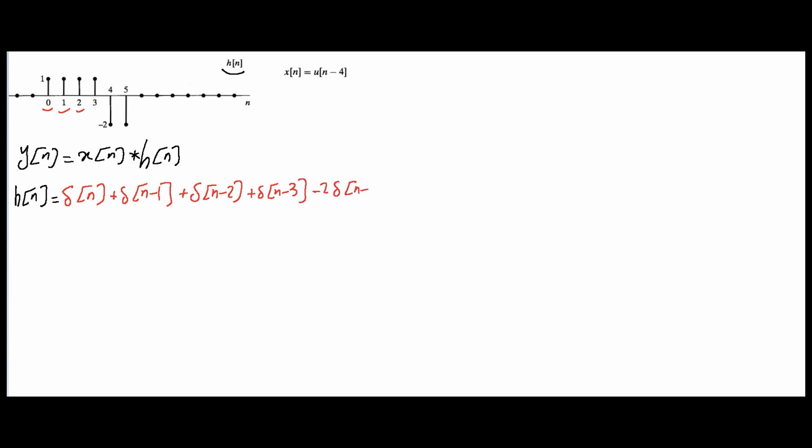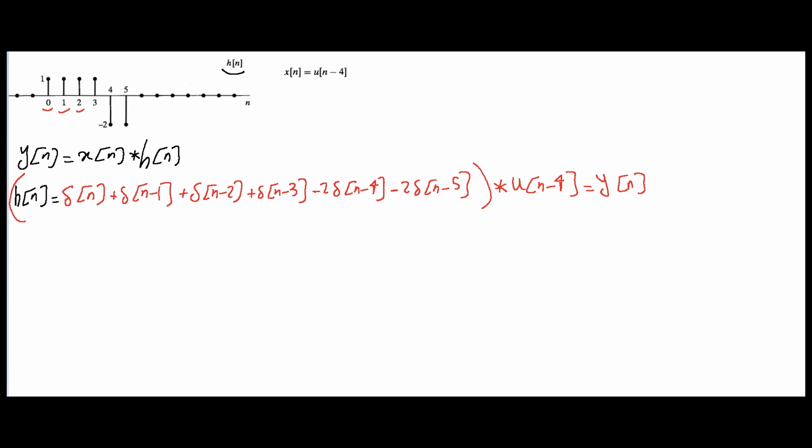The input signal is simply u[n minus 4]. Now we compute the convolution of x[n] with h[n].